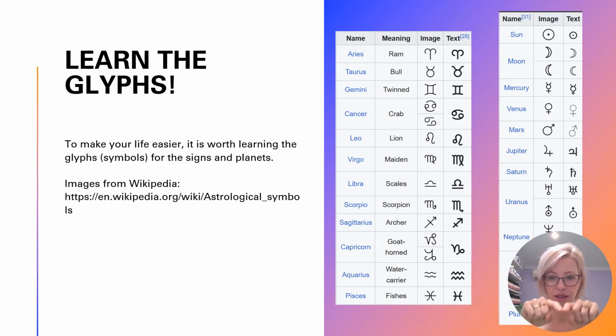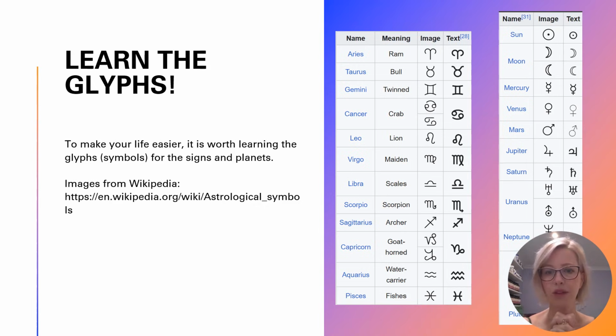Aries, that first one, think of it, that's ram horns, right? Taurus, it looks like a bull with bull horns. Gemini is the twins. So we've got, like, two pillars, the twins. Cancer, the crab. Some of them are more obvious. Leo, the lion.